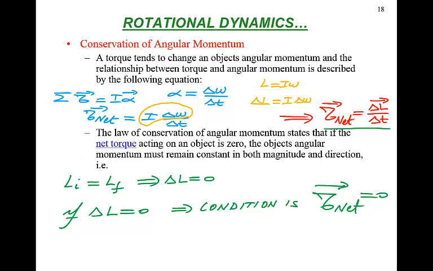Conservation of energy. Let me remind you of the conditions for those to be true. Conservation of energy means the work done by non-conservative forces needs to be 0. Conservation of linear momentum means the net force needs to be 0. And now the condition for the angular momentum to be conserved is the net torque needs to be 0.